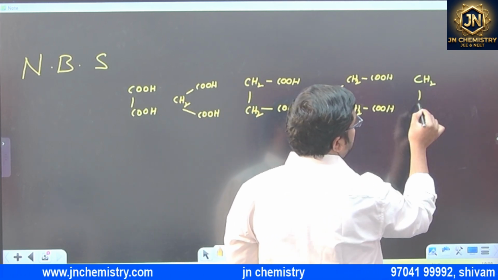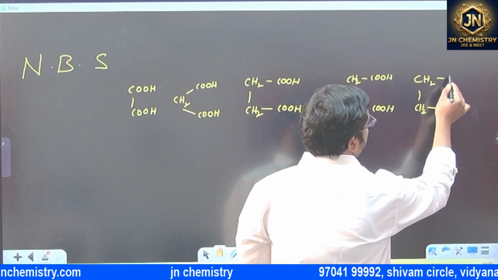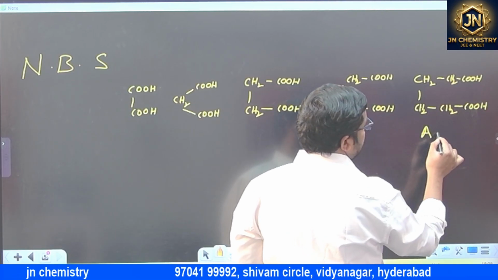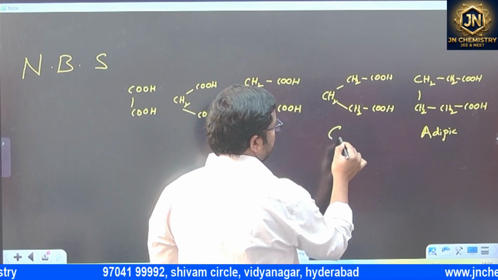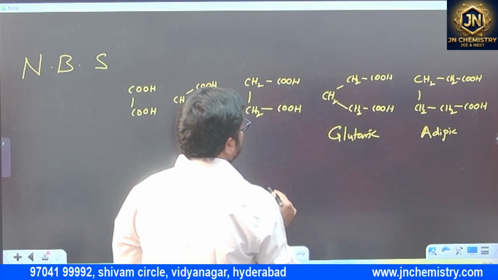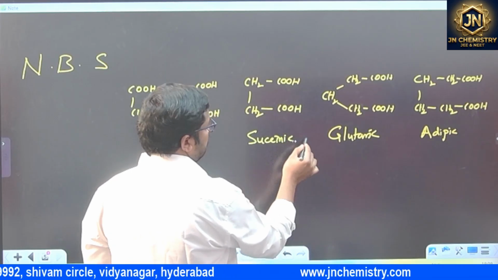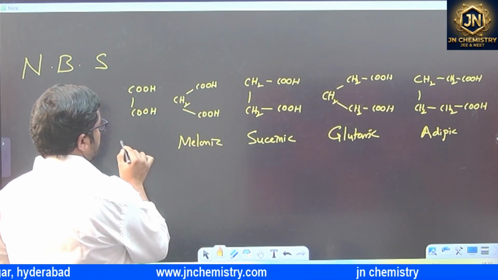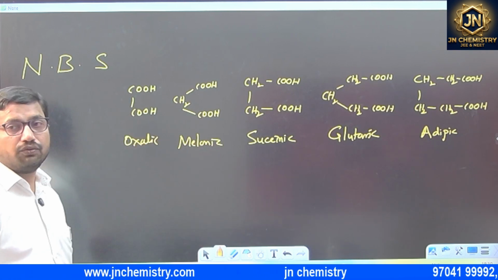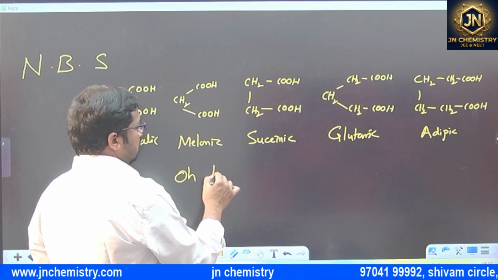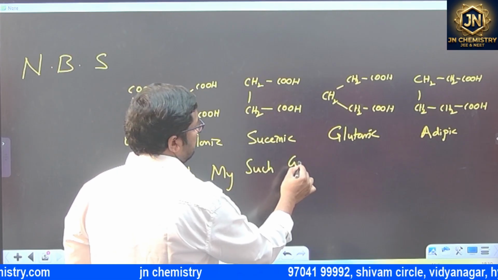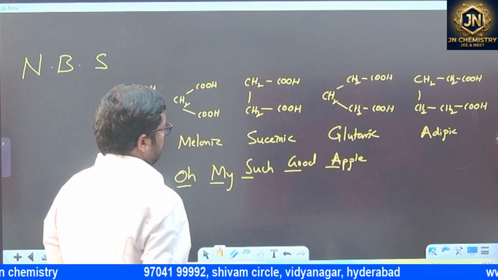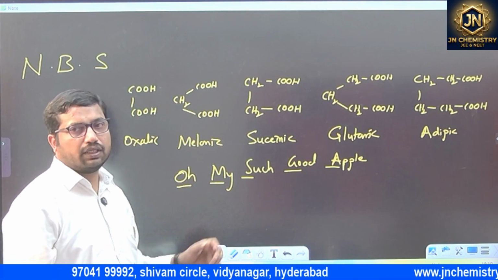Next one is adipic acid. Generally we could say, oh my such good apple: O means oxalic acid, malonic acid, succinic acid, glutaric acid, adipic acid.